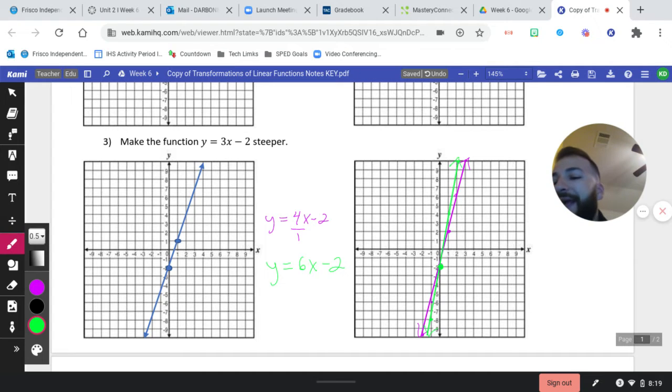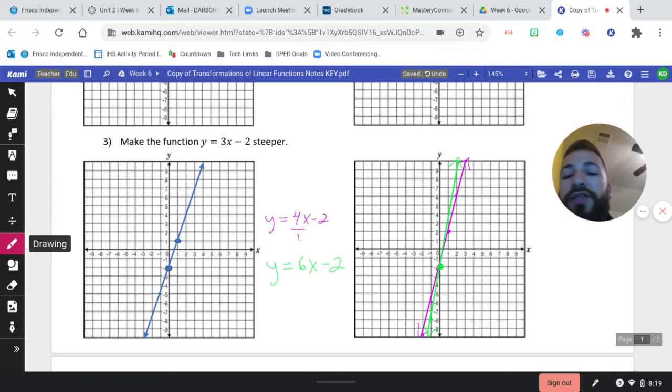We can get even steeper than that, so let's do it one more time. Let's do y is equal to 8x minus 2. Still the same y-intercept, but now I'm going up by 8 and over by 1, down by 8 and over by 1.